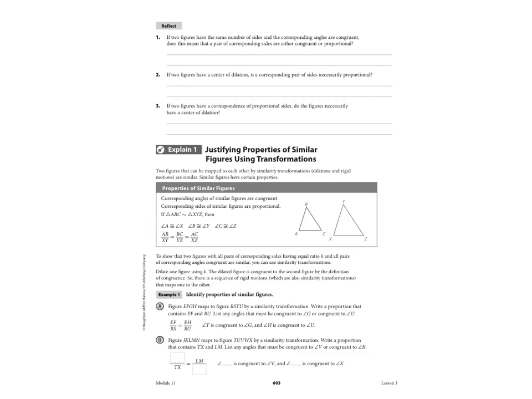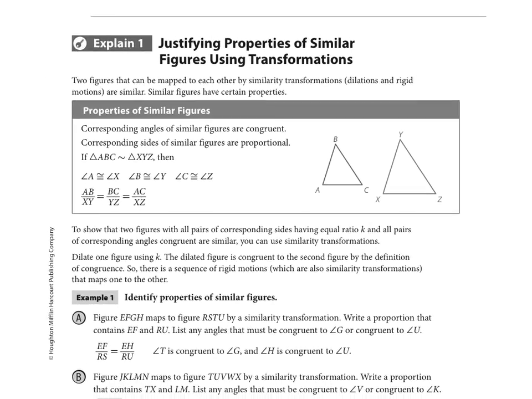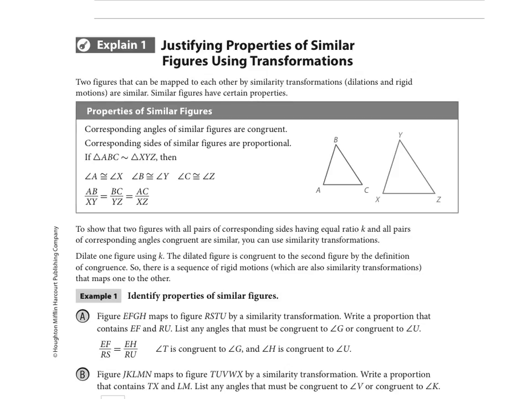And on page 603, we are going to practice filling in missing pieces of the proportions that we are given. So for properties of similar figures, we've already established this from the beginning, but corresponding angles of similar figures are going to be congruent, but corresponding sides of similar figures are proportional.